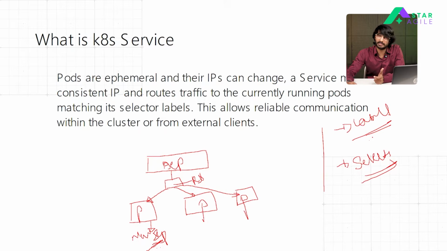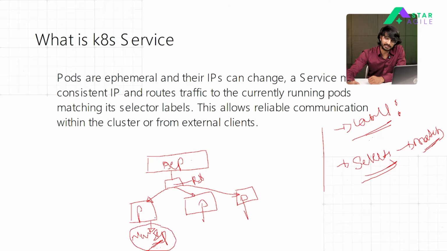If you observe the deployment file, labels are clearly mentioned. You can give any label, but make sure labels and selectors are matching. See, at this point we cannot prevent either the deletion of the pod or the replacement of IP addresses. We can't prevent both things.